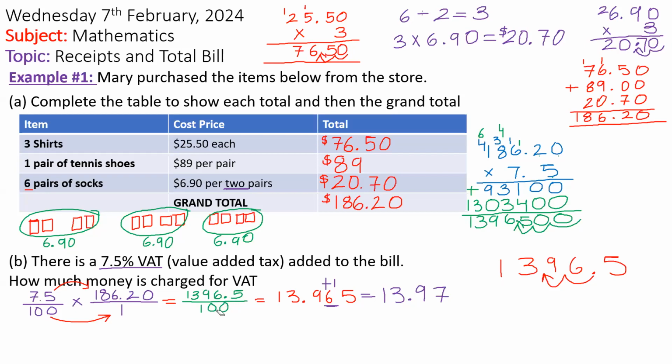When you divide that, you should get 13.965. Then you move the decimal point 2 places to the left, and once you round it up, you should get $13.97. Thank you.